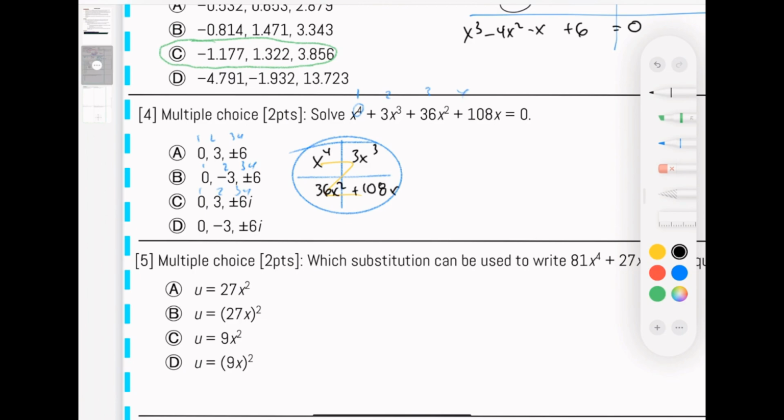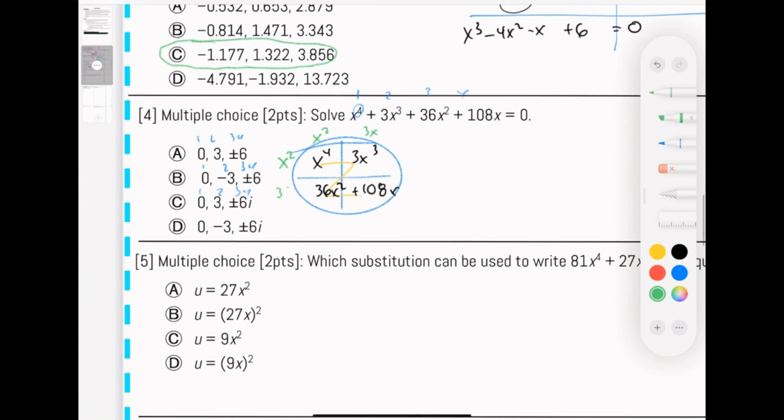Now I noticed something, but I won't say anything until the very end. Okay, to make these two match, I'm gonna have to do x squared. This one will be 3x, and this one will be 36. And hopefully you recognize now what I forgot.